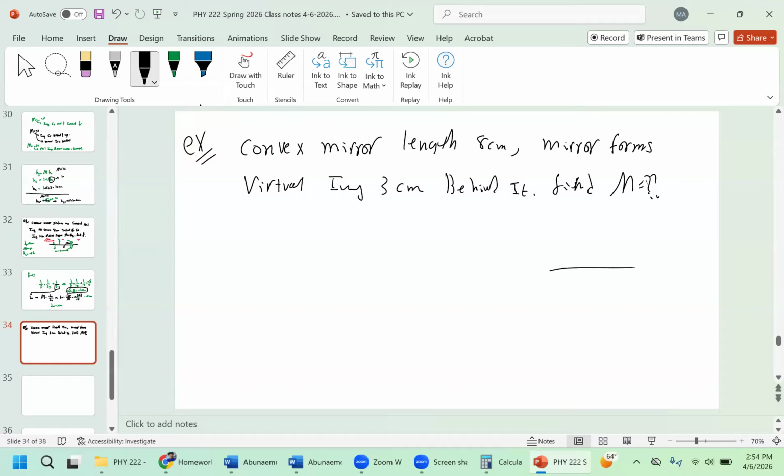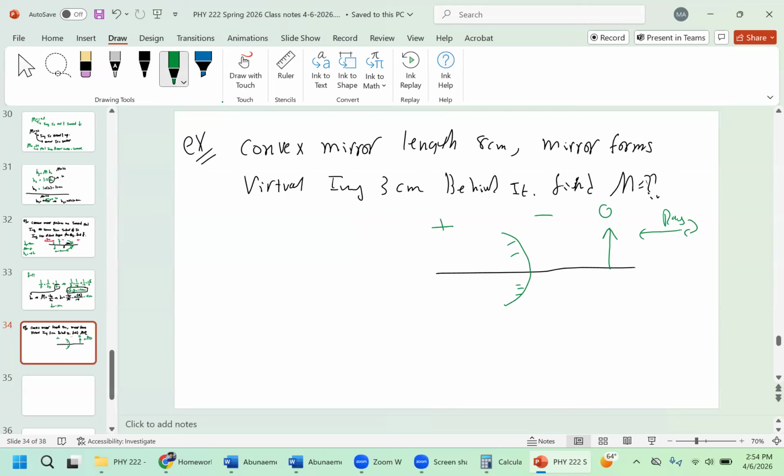Again, it's a convex mirror. Here's my object. That means here's my ray. It's going to go in here. That means this is positive.